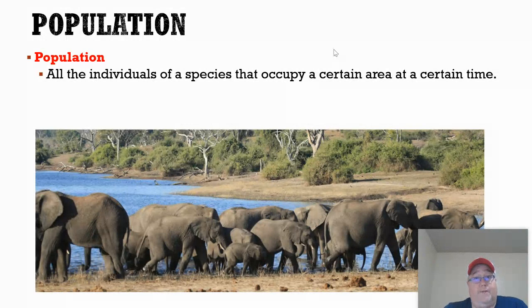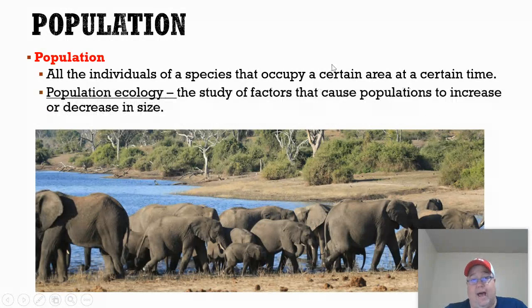Whenever we study population ecology, we're looking at different factors that cause populations to change. This elephant population's not going to stay the same forever. It's going to change. So we're going to study some things that can affect populations.